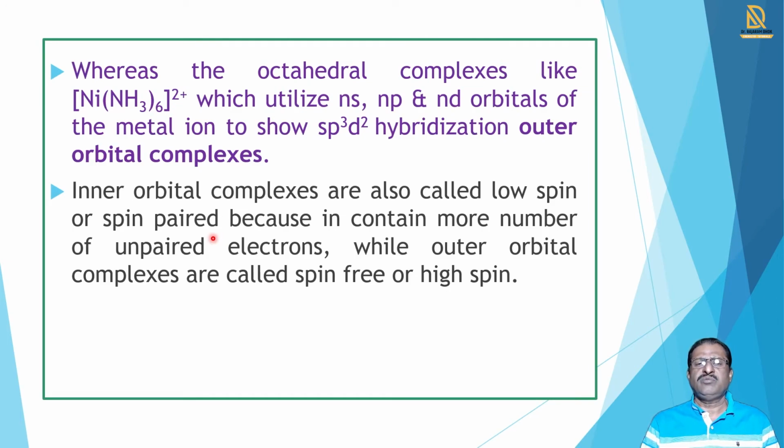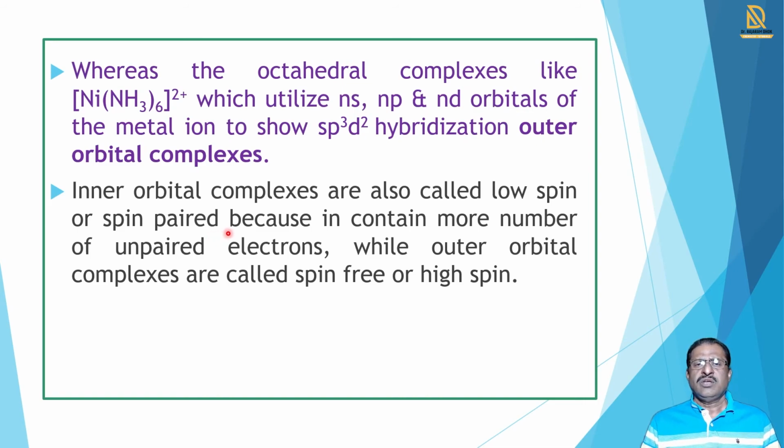While in sp3d2 hybridization, the outer d orbitals are used, and the 3d orbital electrons remain as they are, or remain free, without maximum pairing.